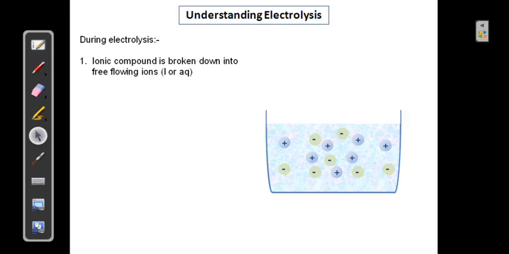Either in liquid, molten or aqueous. So what you can see here is a container with some electrolytes in the solution. This can be in molten form or it can be aqueous. So just to give an indication.